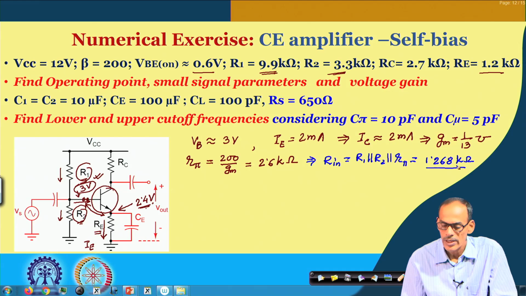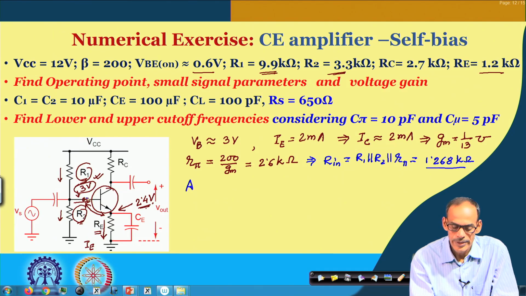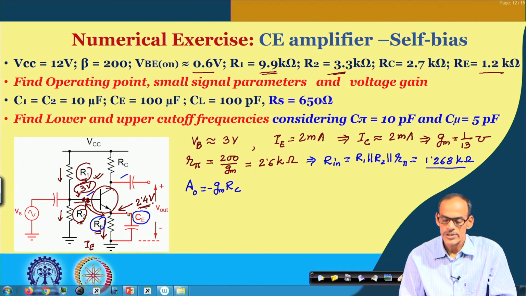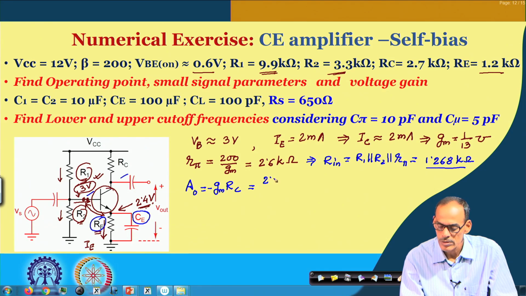And the voltage gain, of course, the internal circuit voltage gain from base to collector, A naught, is gm into RC, assuming that this emitter resistor is successfully bypassed by the capacitor CE. So, for RC we have 2.7k and gm is 1 by 13, multiplied by 1000.